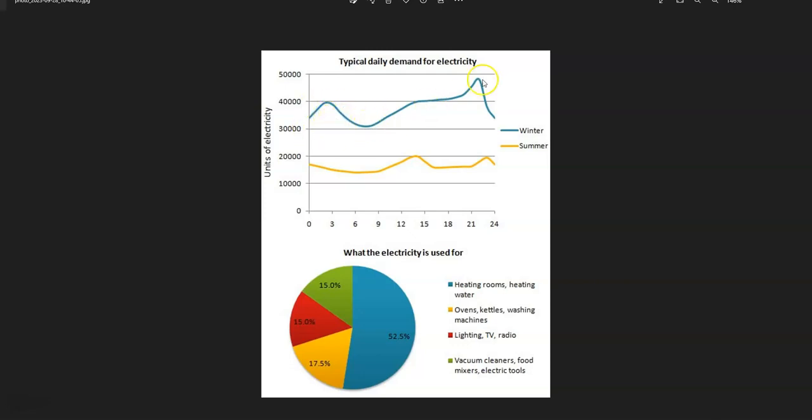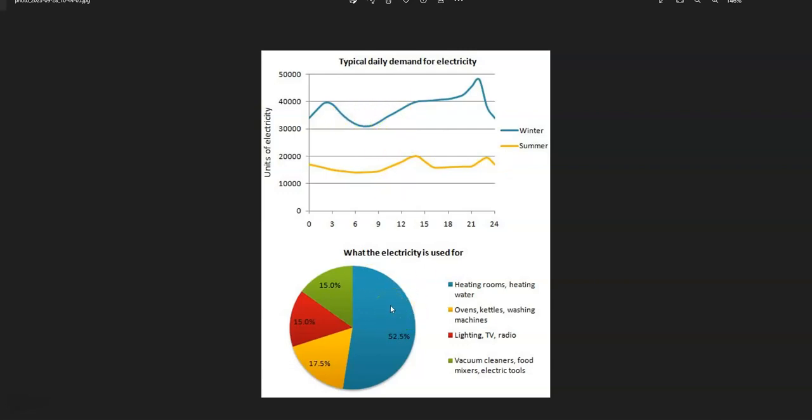Then we see it shoots up, peaks at around about 9 p.m. and then there's a rapid drop off, probably at bedtime, it's midnight, yeah. But in summer, we can see it's more or less consistent. It stays between about 15 and 20,000 all day. Minor fluctuations, a peak here, there, but essentially it's between 15,000 and 20,000 units the entire day. Obviously, not the same for the winter.